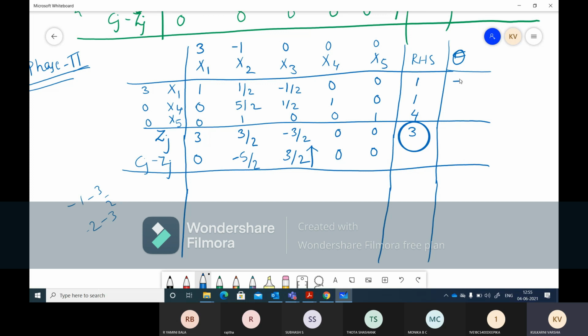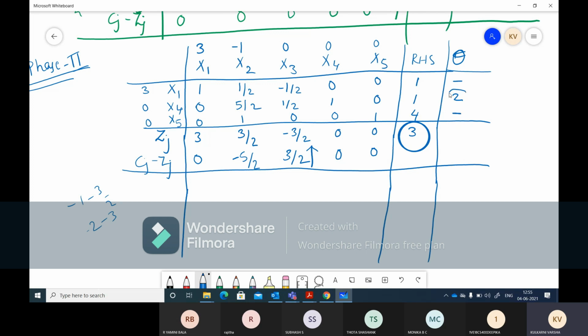Because 1 divided by minus half is minus 2, but you don't have to write minus 2, so we'll put only a dash. Then here 1 divided by half will be 2. 4 divided by 0 will again be infinity, so don't write anything, just put a dash.